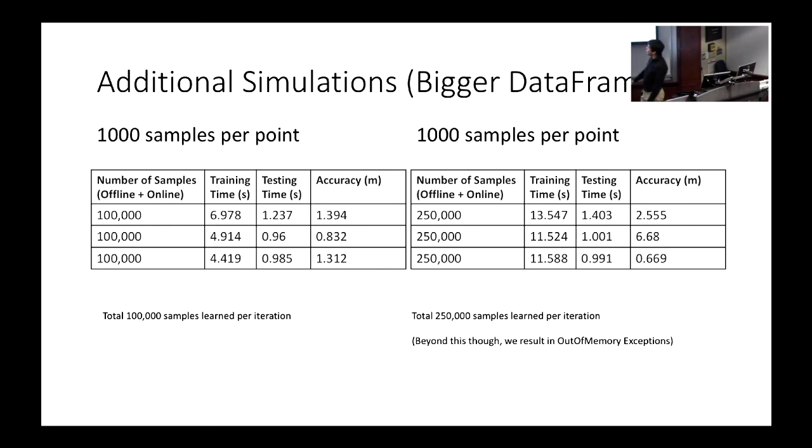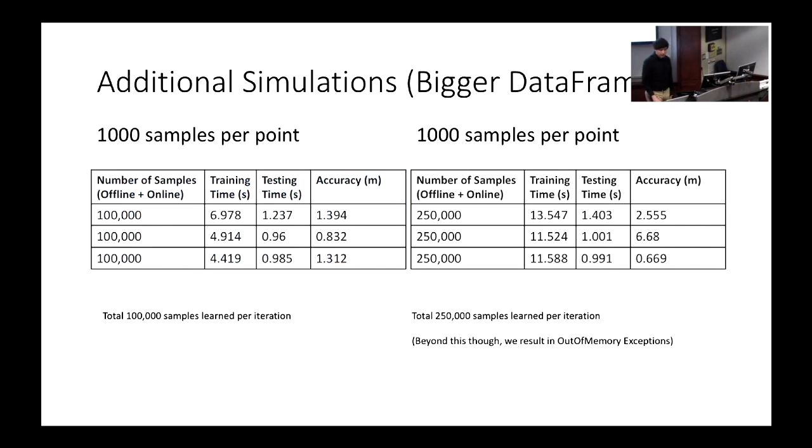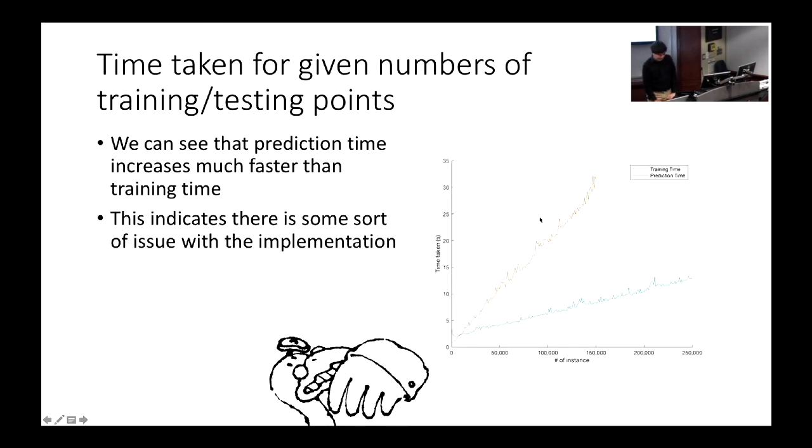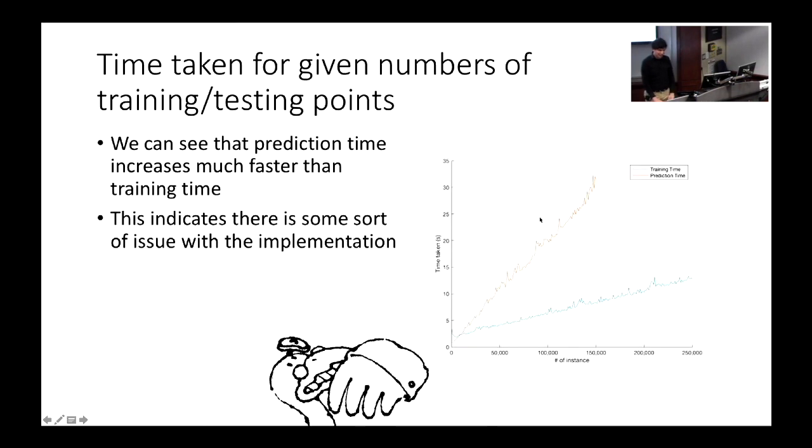We can see 100,000 samples in our training system only takes 7 seconds, which is still less than the 8 seconds it takes for their system for 30,000 samples. And for 250,000 samples, training time takes something around 13 seconds. Great.